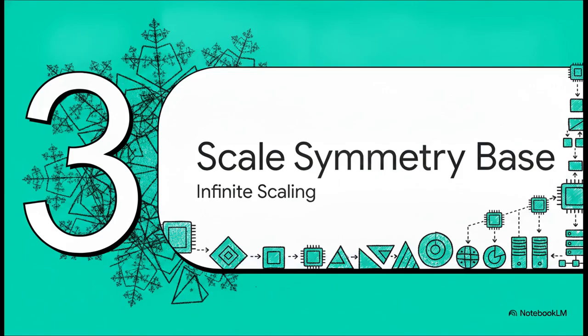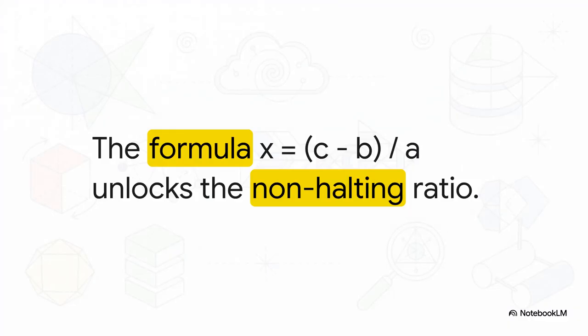All right, Section 3, the scale symmetry base. To really understand how this geometry bridges over into computer science, we have to look at the exact math that makes this infinite scaling possible. The absolutely crucial point here is this seemingly simple formula: x equals (c minus b) divided by a. So, in a right triangle, a and b are your orthogonal sides, and c is the diagonal hypotenuse.